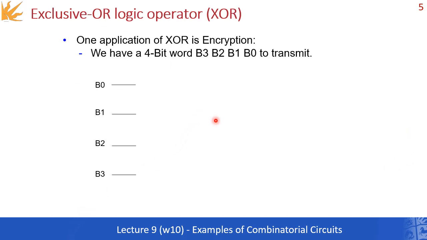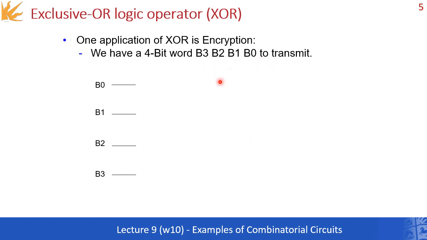Now let us provide a very simple example of an operation of XOR. And this is encryption. Encryption is not my specialty, and we're not going to teach you encryption here, but it's going to be very obvious, even to a beginner, why the XOR operator is so important. Suppose that you have a 4-bit word that you would like to transmit and you would like to encrypt.